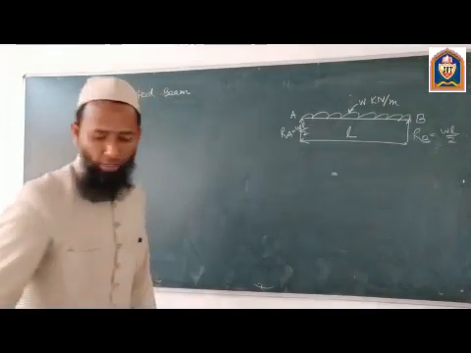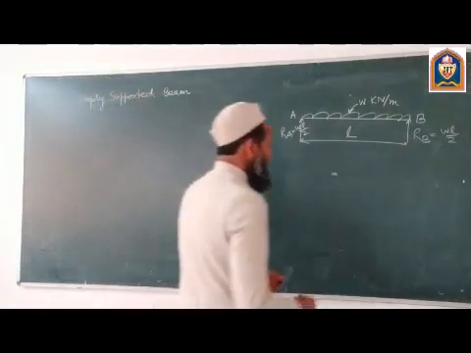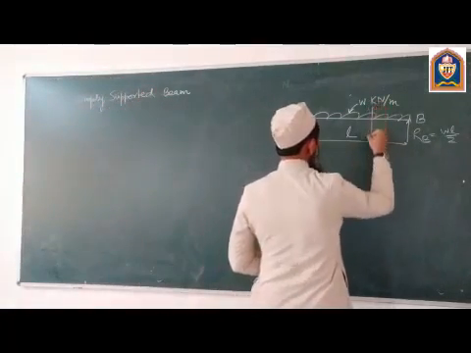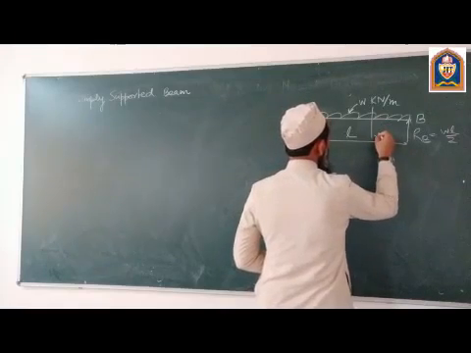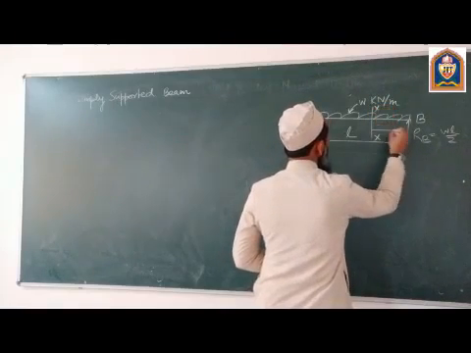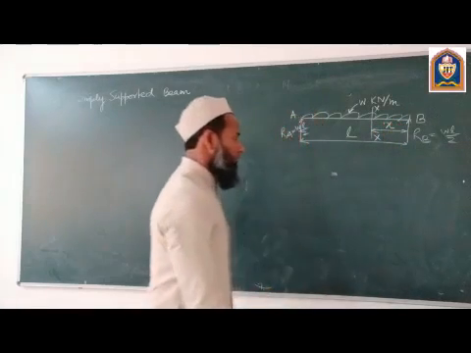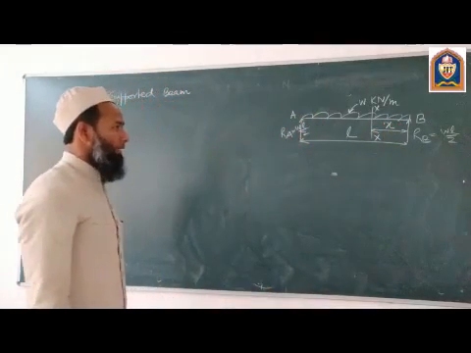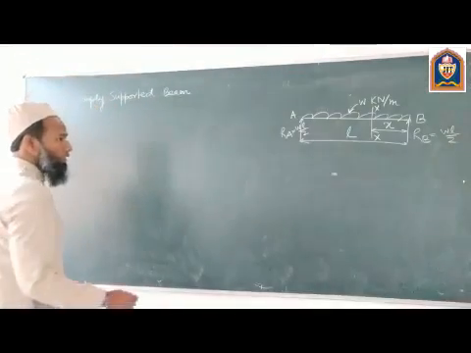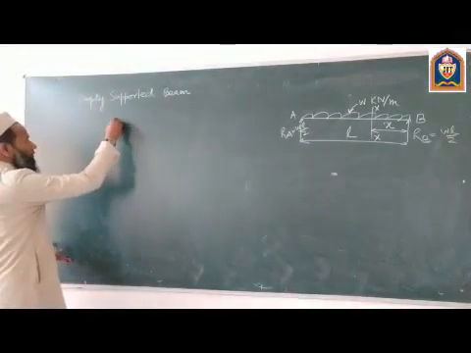Now we will find out the shear force. So first of all, I will draw a section X, which is at a distance of small x from the end B. So I am going to write down the general equation for the shear force.